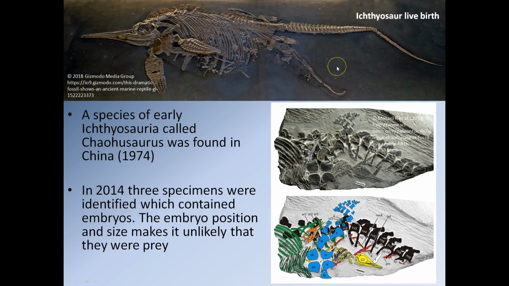And the final piece of evidence that suggests that it's not been eaten by the large ichthyosaur is that the ichthyosaur's stomach would have been down here, about there. So the position of this small ichthyosaur is completely incorrect for it having been eaten by the larger ichthyosaur.